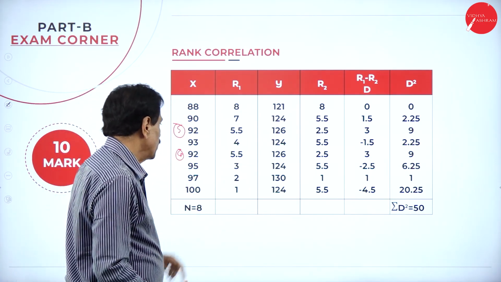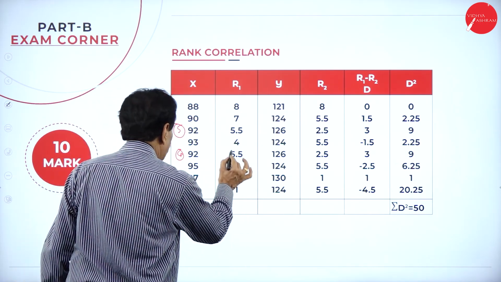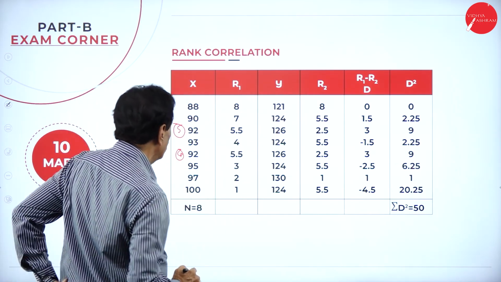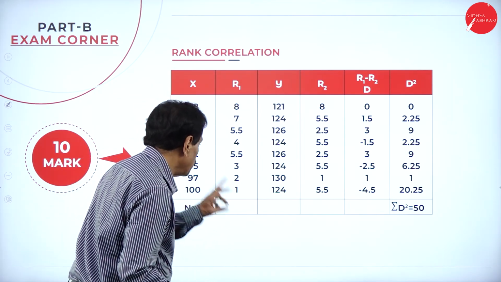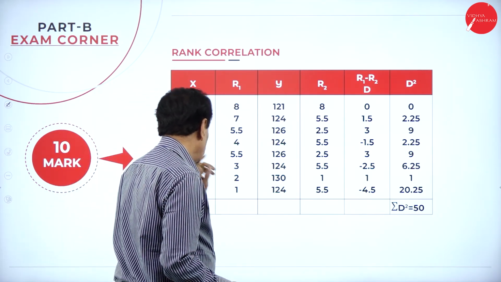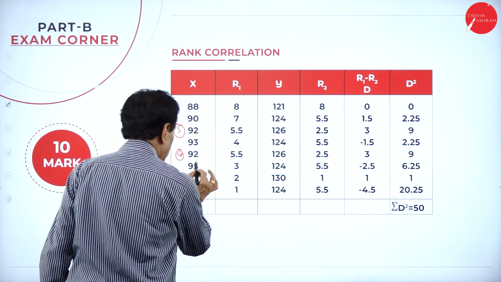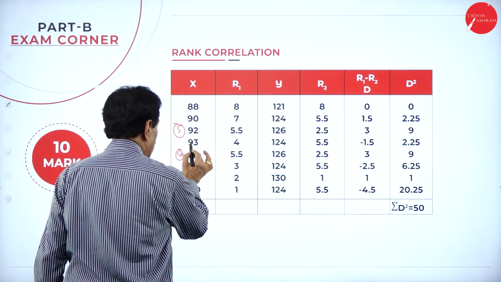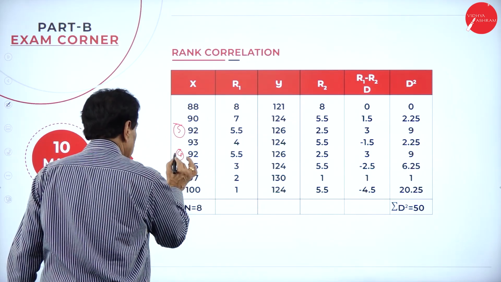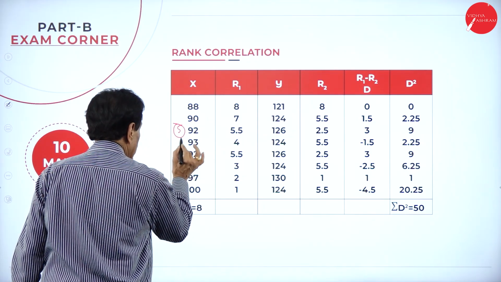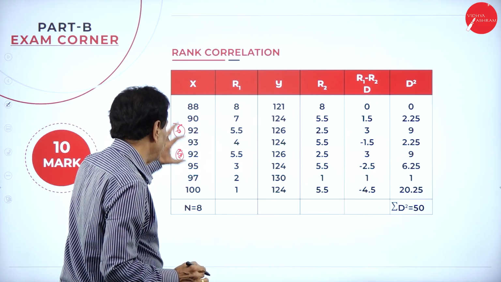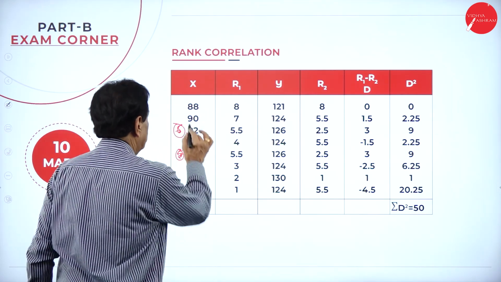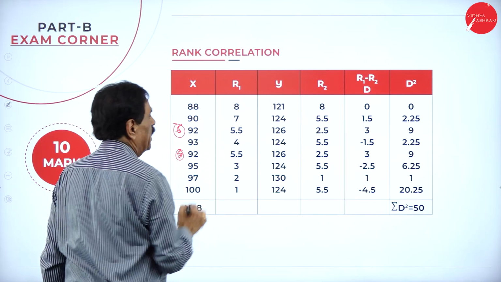Then 1, 2, 3, 4, 5 is over. Next, 93 is the fourth rank, this is 5, this is 6. 5 plus 6 is 11, divided by 2 is 5.5.